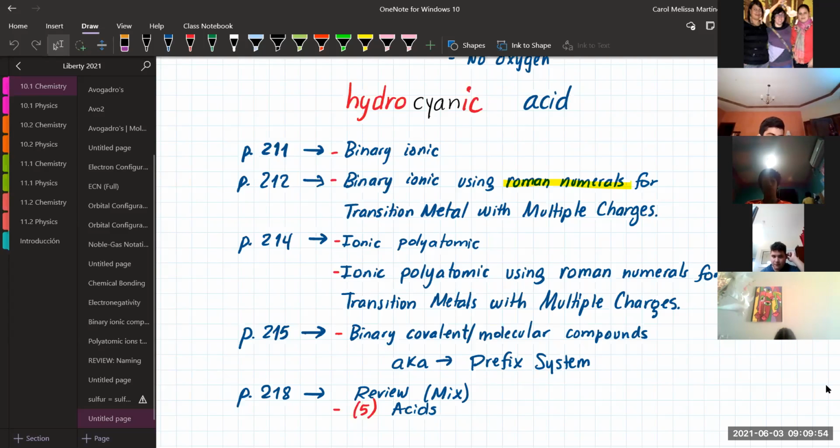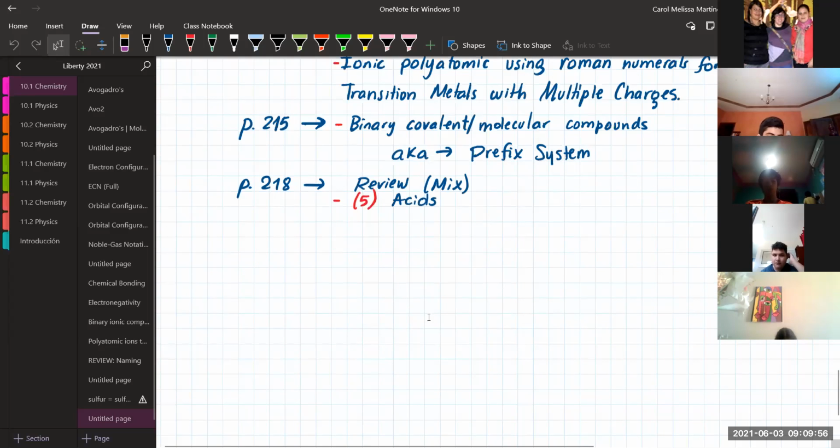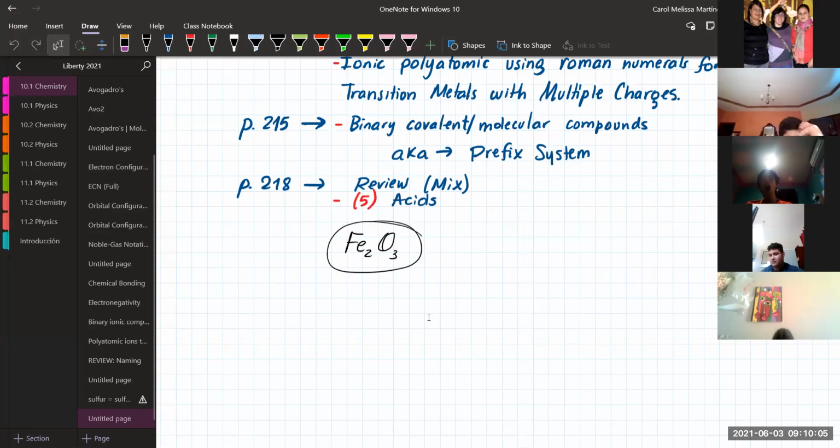For example, take a look at this one right here. How would you call this compound? How many elements do we have here? Two.